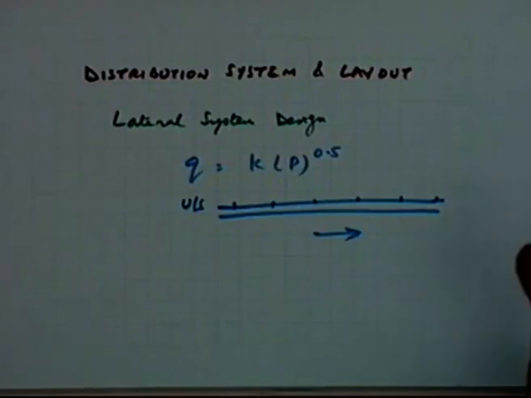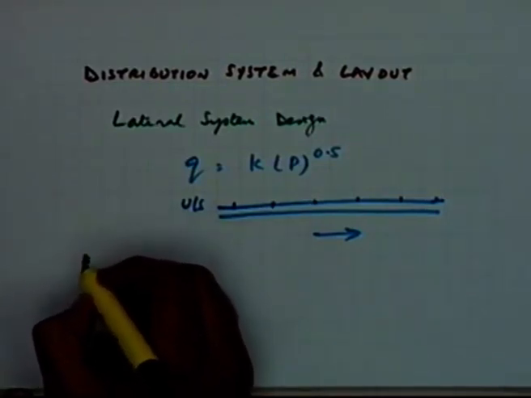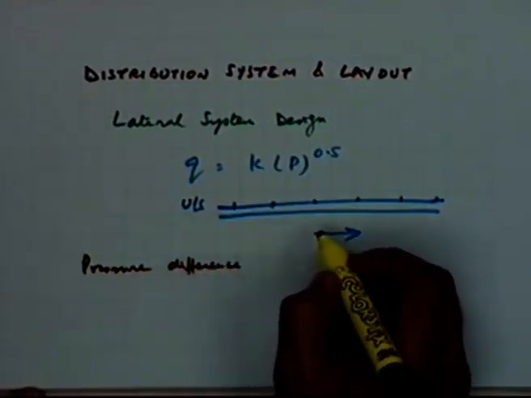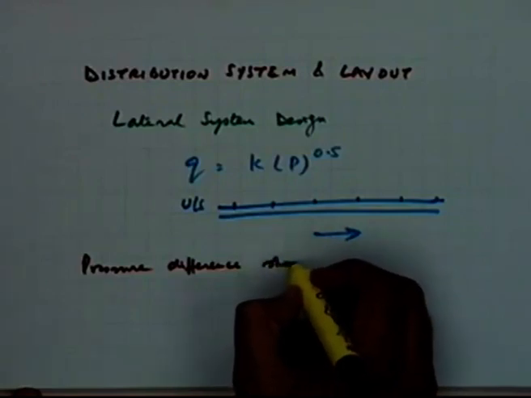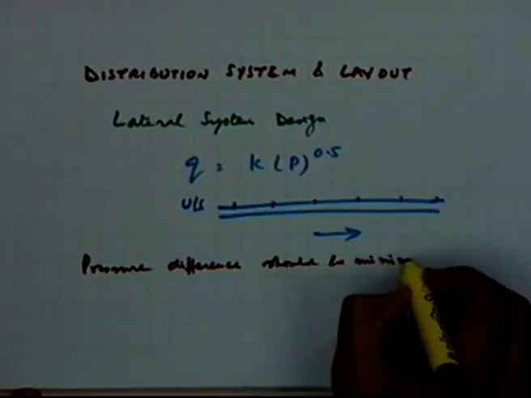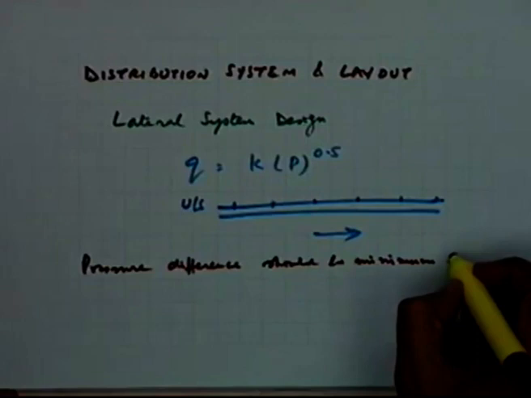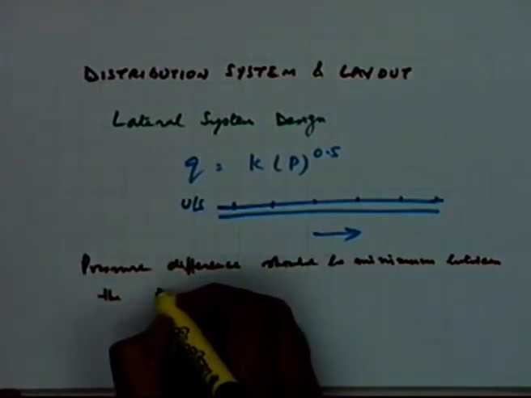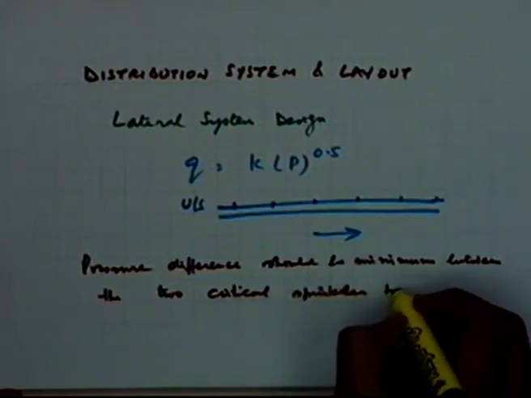So, when you design a lateral, your aim is to reduce this difference, and the thumb rule which is used in the lateral design is that the pressure difference should be minimum between the two critical sprinkler heads.